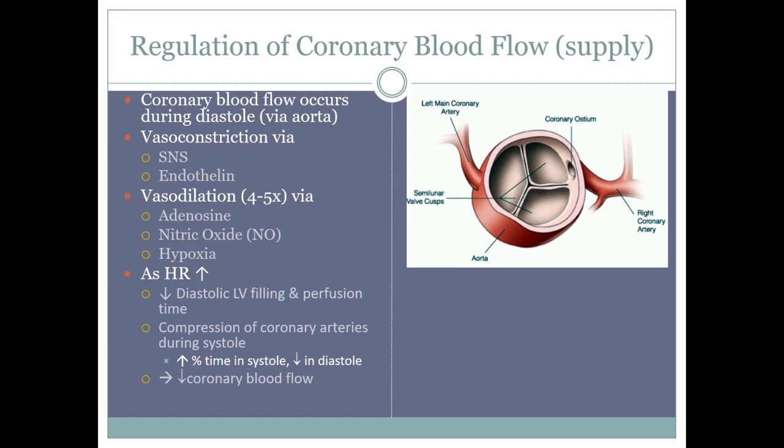So heart rate in those senses has a deleterious effect on coronary blood supply, in addition to demand, because as you might expect, the more demand there is, the harder it has to work, the more oxygen it needs.